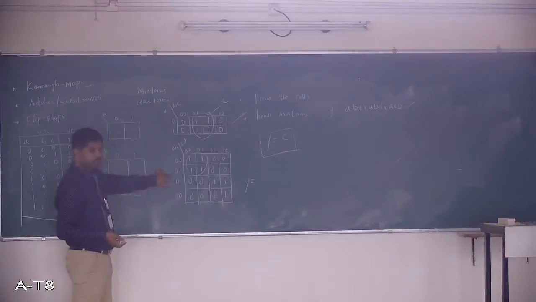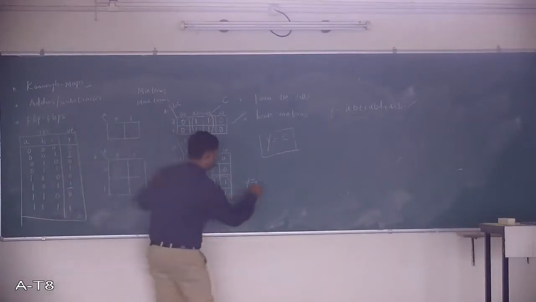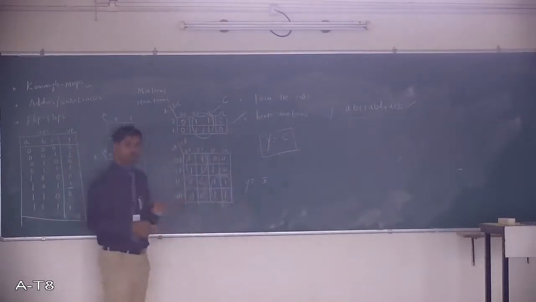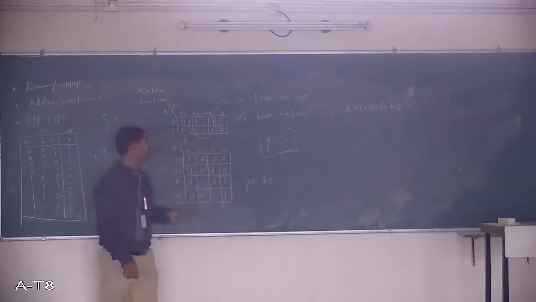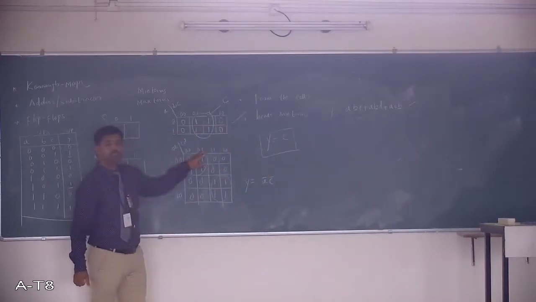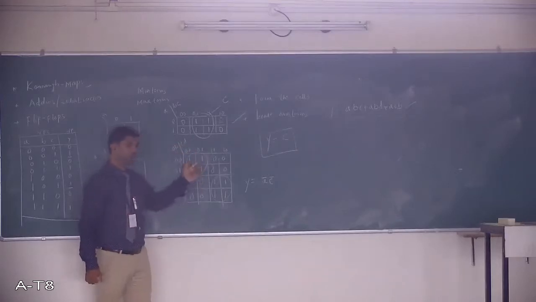Because it is 0, A appears in a complement form, so it is A bar. Now check it vertically. C is 0, here also 0. So it means it is C bar. Whereas D is 0 here, D is 1. D into D bar will get cancelled. So the expression for this entire grouping is A bar C bar.